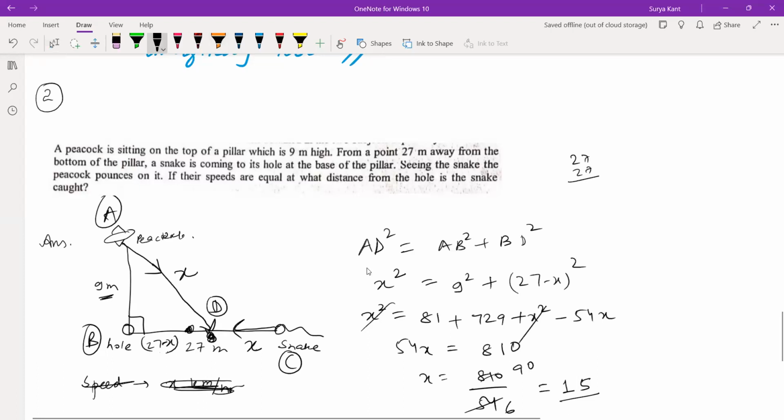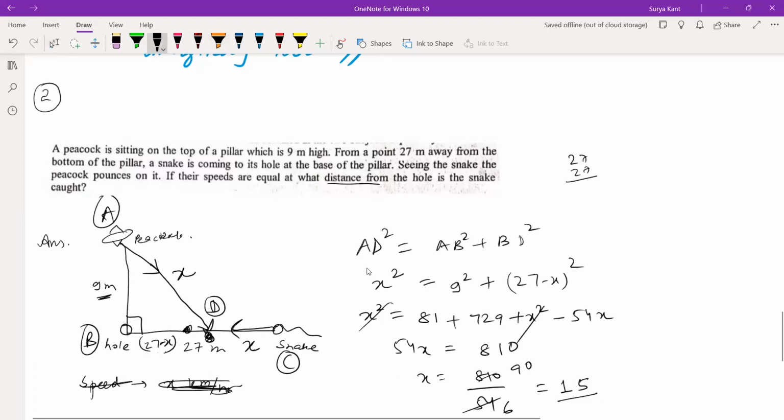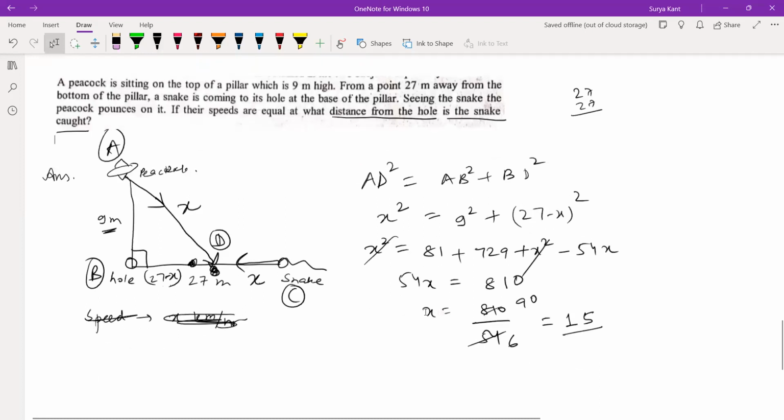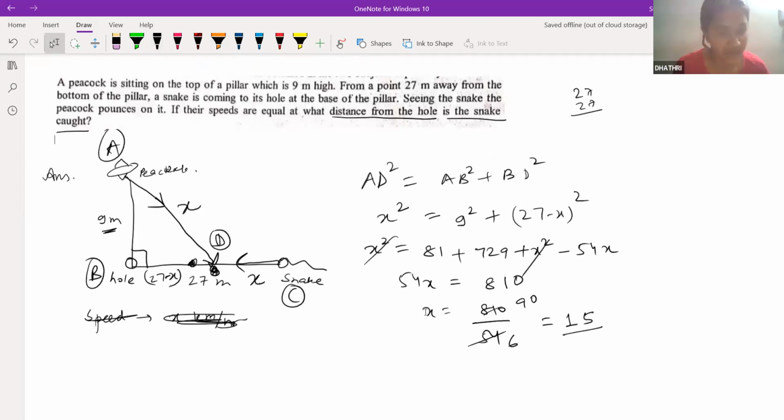They are asking, at what distance from the hole is the snake caught? So that is 27 minus 15. That is how much? 12 meters away from the pole. Yes, sir. At 12 meters, the snake will be caught.